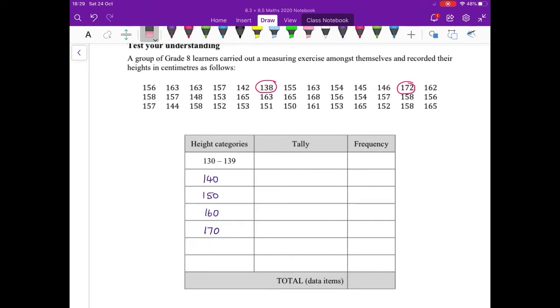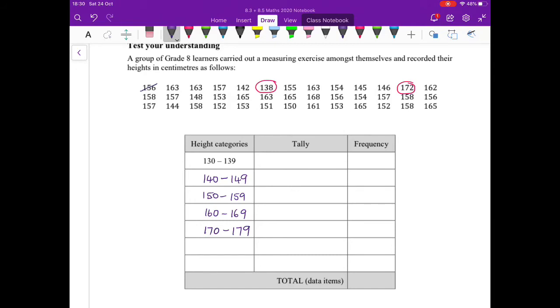Actually, we don't need 180, so let's rub that out. We only go to 79. So 130, so now we're going to go 140 to 149, 150 to 159, 160 to 169, 170 to 179.